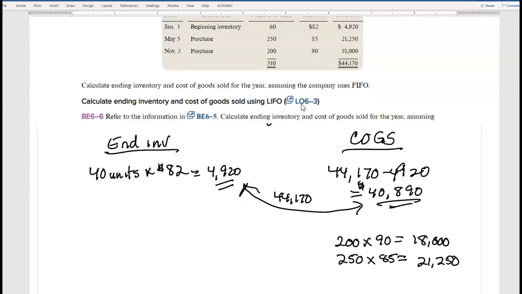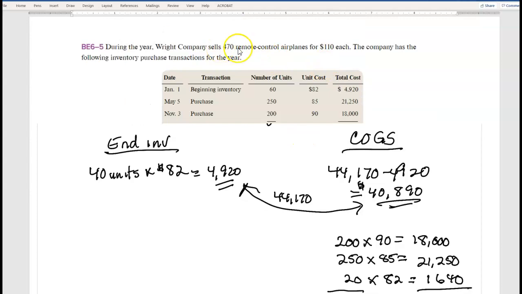And then 20 of the beginning ones at 82, and that equals 1,640, and that totals 40,890. And if you add up the units, it's 470 units. And if you look at the problem, it says they sold 470.